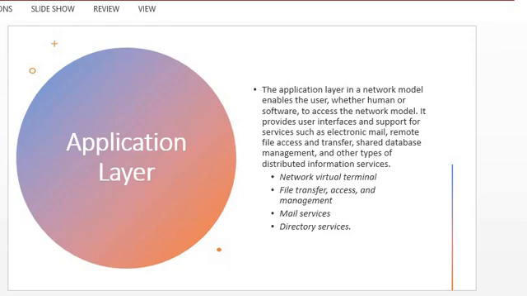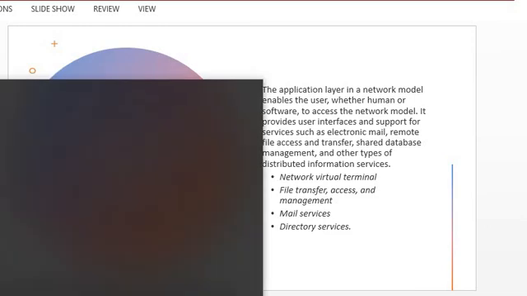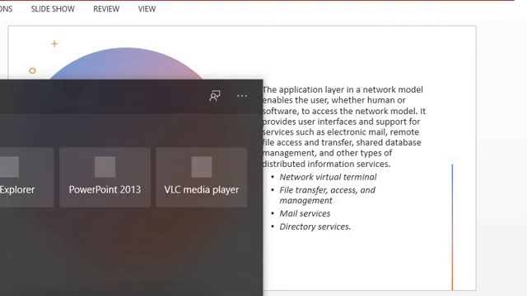So I think this should be the last layer of the OSI reference model we are going to talk about. I remember when I was doing this course and we were trying to remember the various layers of the OSI reference model, we had acronyms that we used.